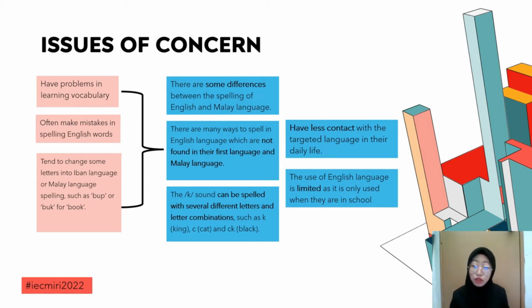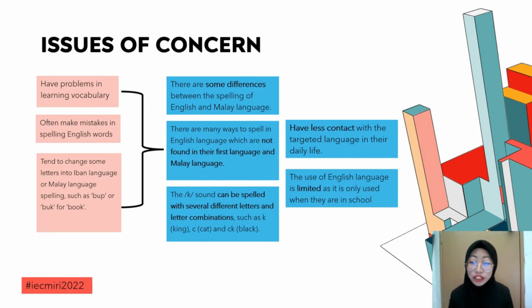It is important to note that the English language is not their mother tongue or first language. The young learners learn words from the people with whom they live, and most of the people with whom they live do not speak the English language frequently. Therefore, these young learners have less contact with the targeted language in their daily life.